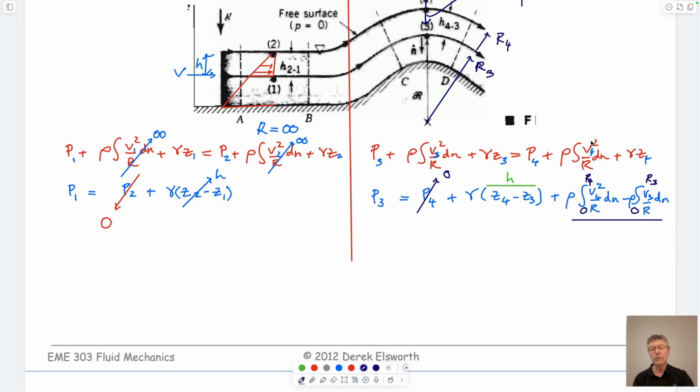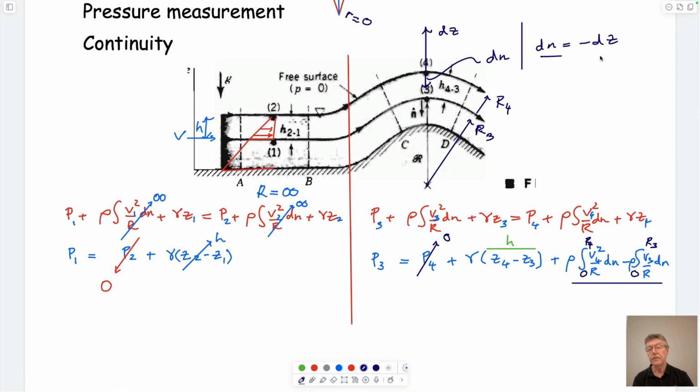And we also made the point that this is true. So we could replace dn. Well, let's not do that yet. Let's do this first.